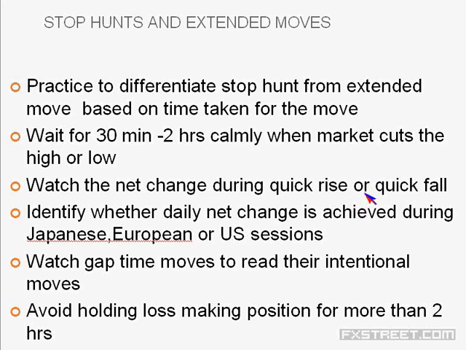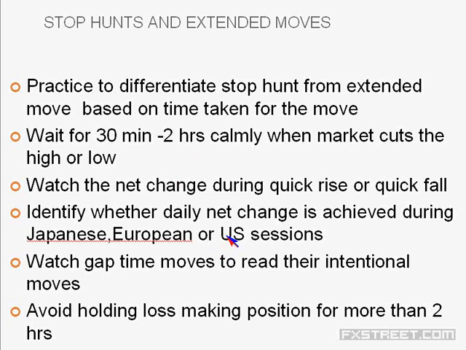Normally they do the extended move either from the mid or late European session and continue through the US session. The next day Japanese session they continue to do the intentional move. Sometimes they make the extended move during the Japanese session itself. Then they may continue till the early European session, then afterwards reverse.